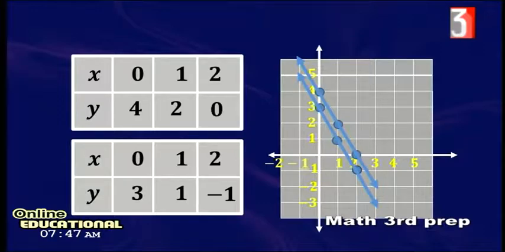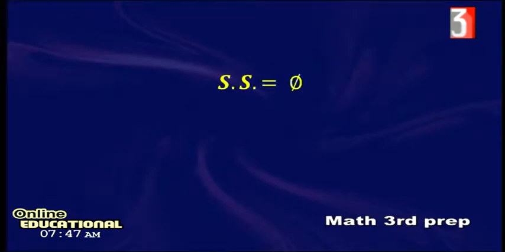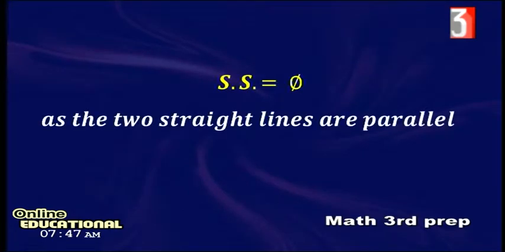And in this case, we can say that there is no solution as there is no common point. And here we can say that the solution set is going to be phi. And the two straight lines are parallel. So how many solutions? The number of solutions will be 0.